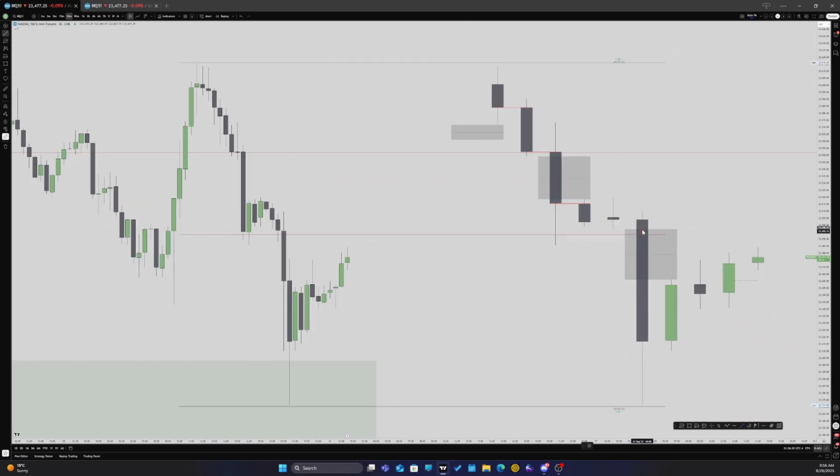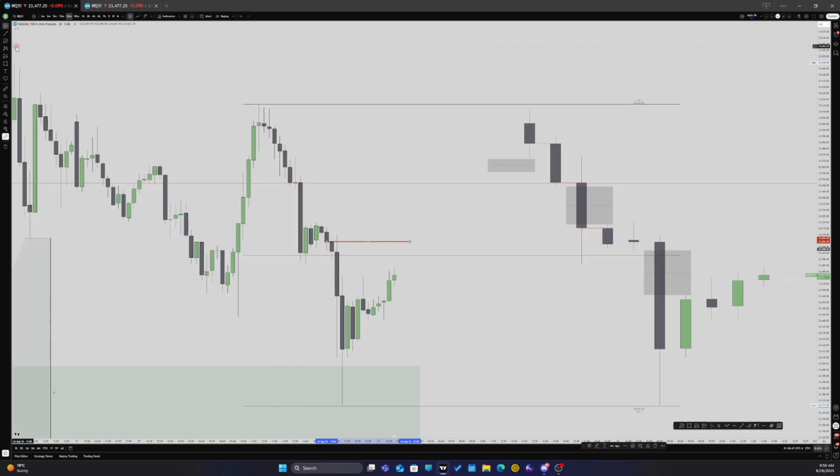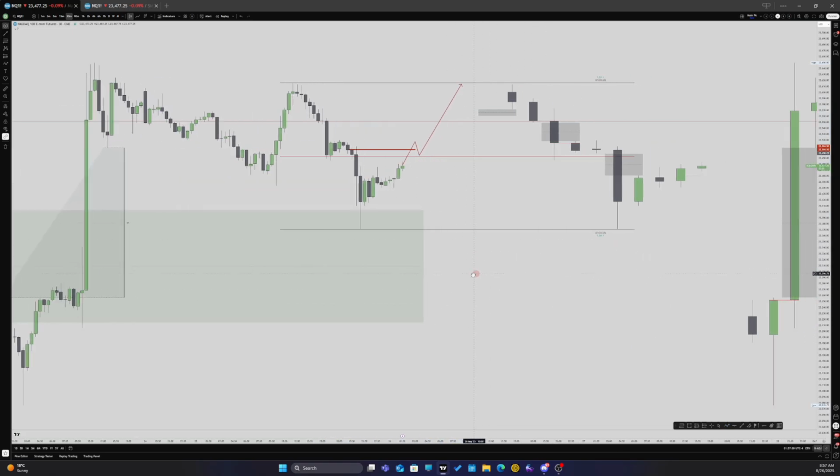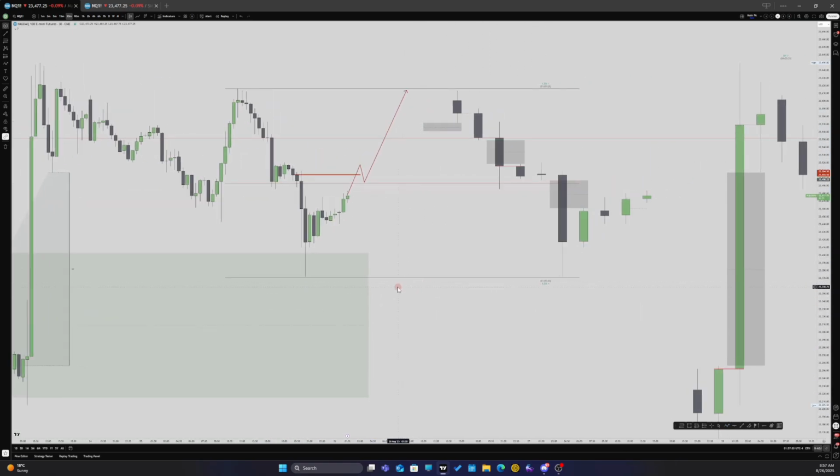For me to look for longs, I would want price to come above this high. And do something like this, close above it, come back into possibly a fair value gap and going for the high, right?